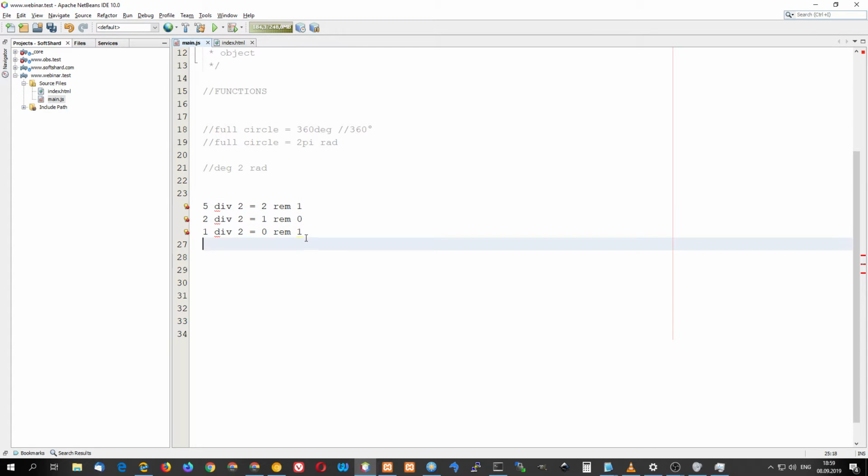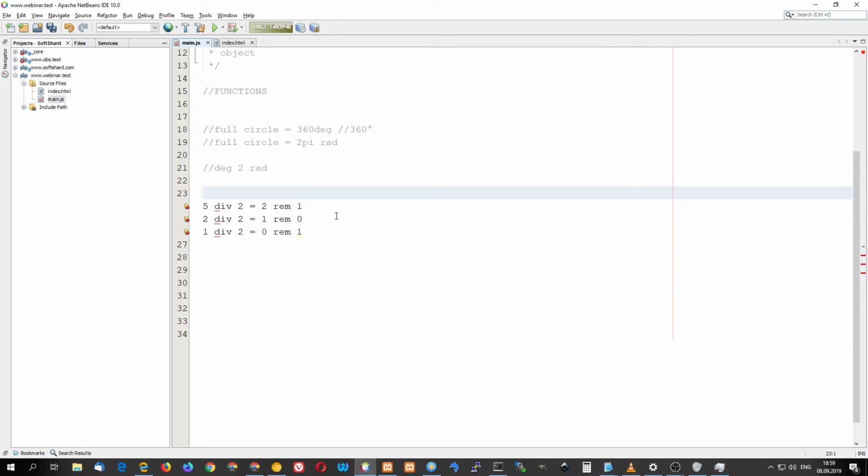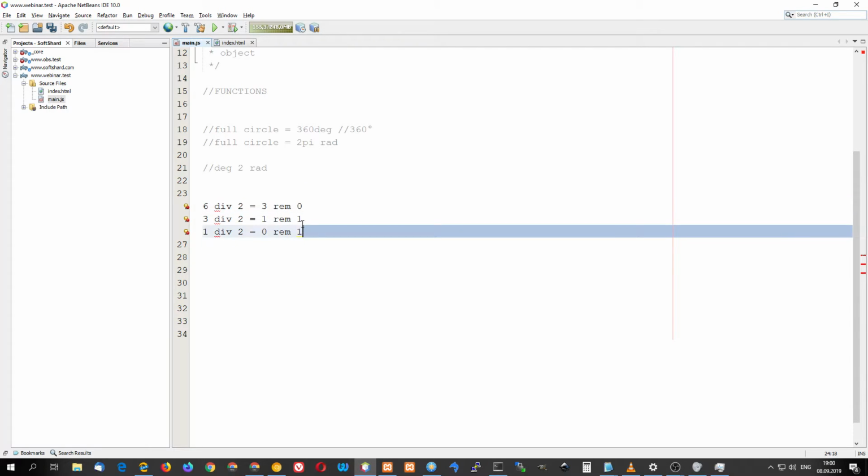Here we get from the remainders 101, which looks the same from both sides. Let's do 6, which is 110. We start when we get the division of 1. So we get 110.